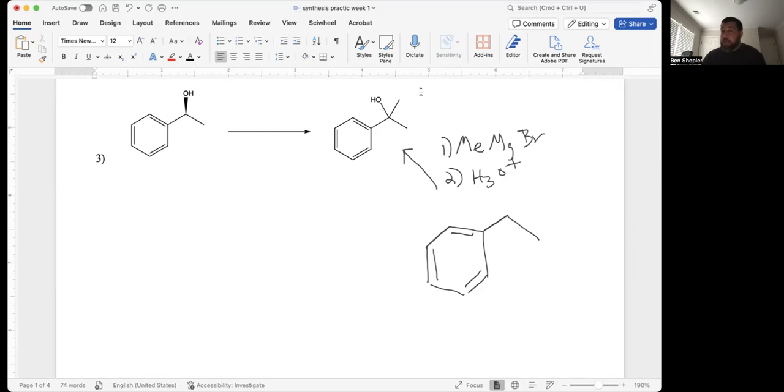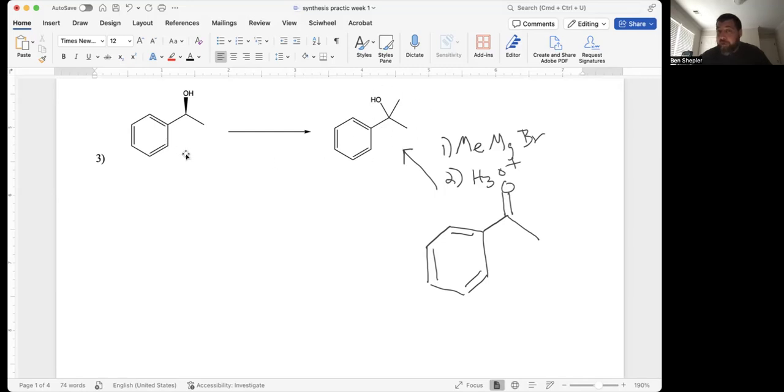It needs to have a C double bond O. And so in this case, I want a ketone. Because if I have that ketone, it'll add my methyl from the Grignard reagent to that carbonyl carbon, and it will reduce the ketone in this case to the alcohol. So if I start with this ketone, react it with this Grignard reagent and then hit it with H3O plus, that'll turn it into this alcohol.